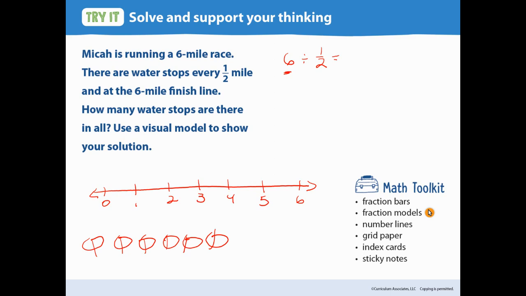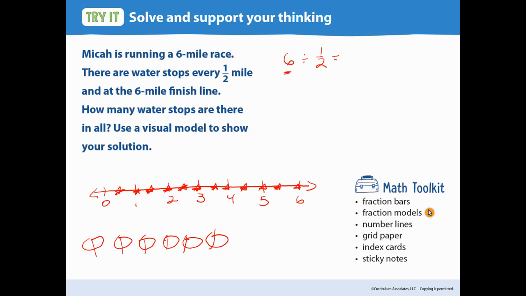Now, if I have 6 miles, that's represented here by the number line. There are water stops every 1/2 mile and at the 6 mile finish line. So what I'm going to do is put stars at every 1/2 mile: 1, 2, 3, 4, 5, 6, 7, 8, 9, 10, 11, and 12.